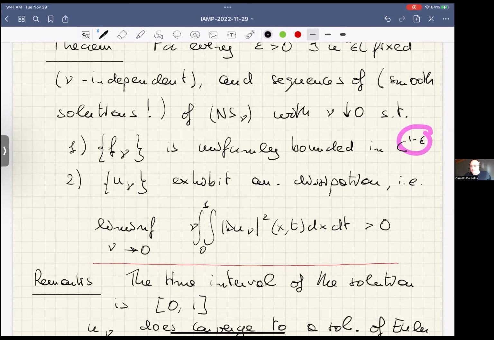Let me also point out something which should be really obvious for people familiar with PDE. With this regularity at the level of the forcing term, if I take away the nonlinearity in Navier-Stokes, there's not going to be any anomalous dissipation.